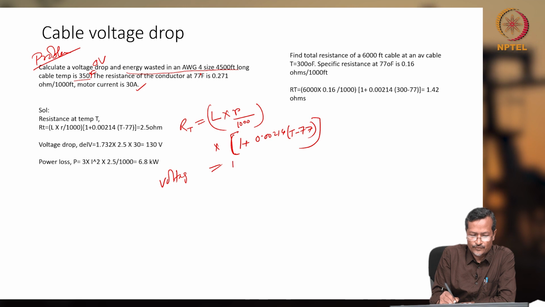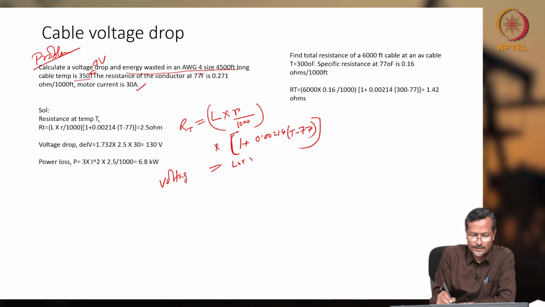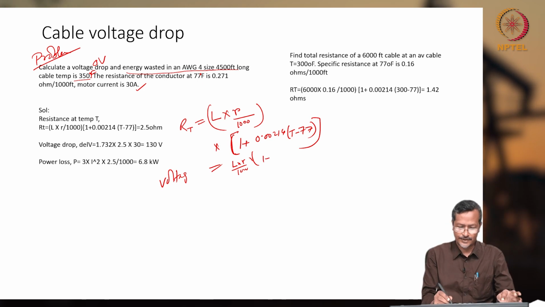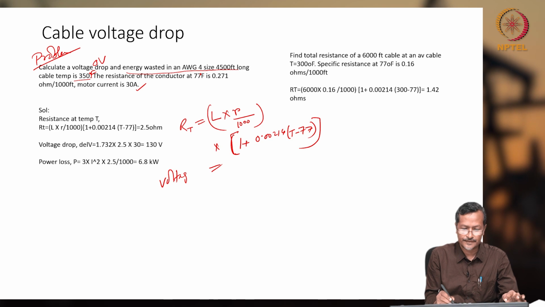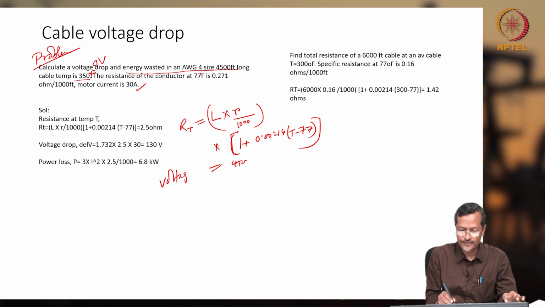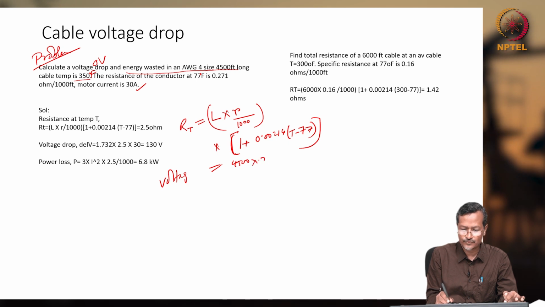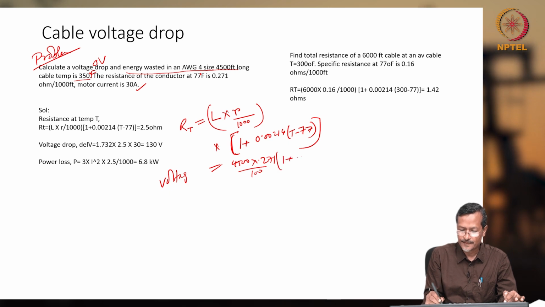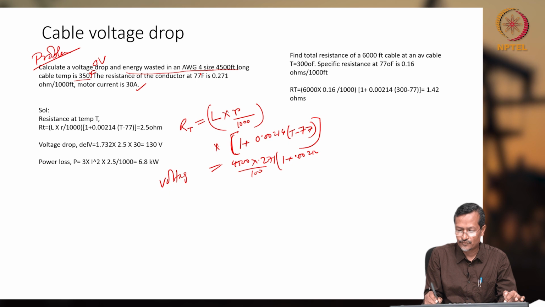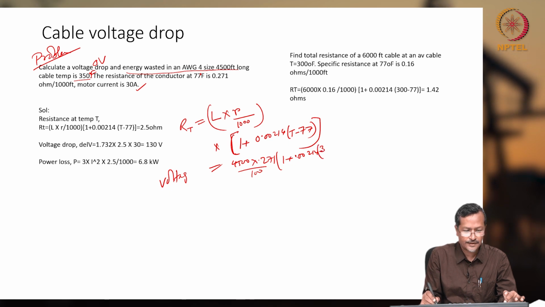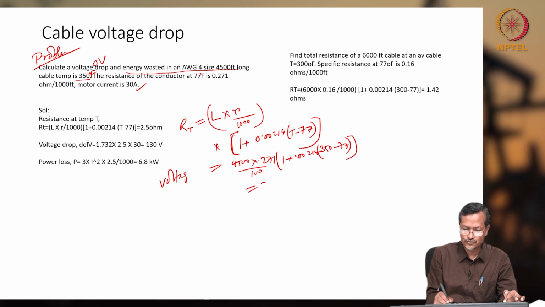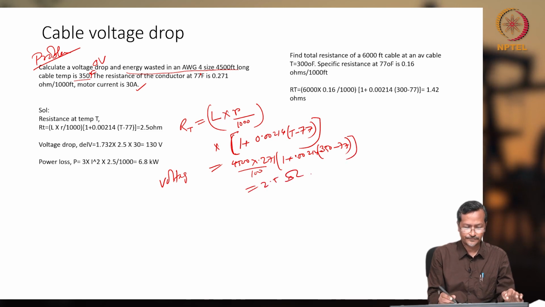RT means L into R divided by 1000. L value is given here, L is 4500 feet, into R value is given, 0.271 divided by 1000, into 1 plus 0.00214, T is given, 350 minus 77. So the whole calculation gives 2.5 ohm.